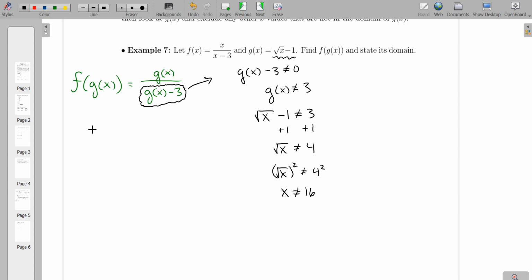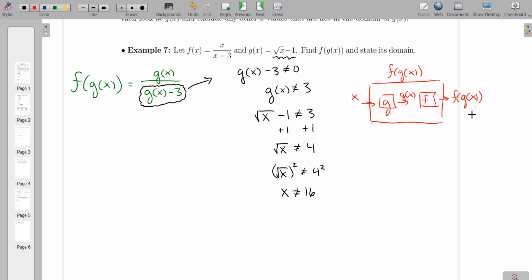But on the other hand, we also know that because we're taking f of g of x, we are really sending x values into g first, then we're sending them into f, and they're coming out as f of g of x.